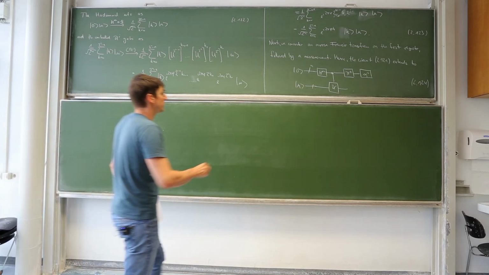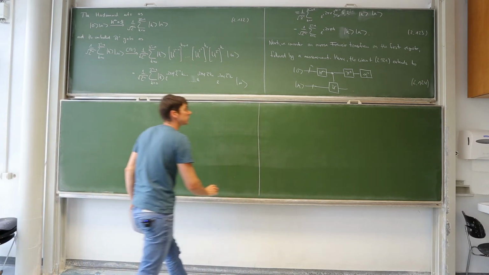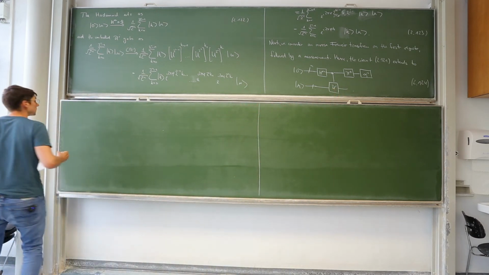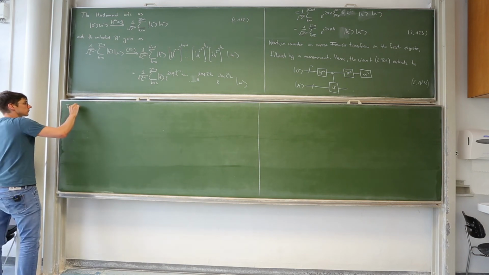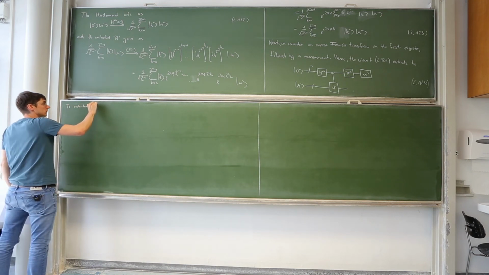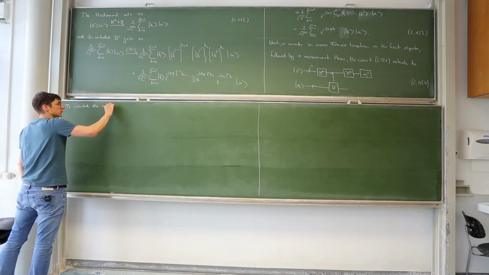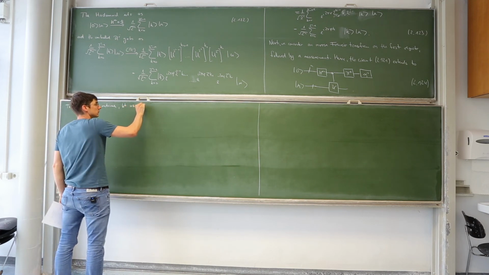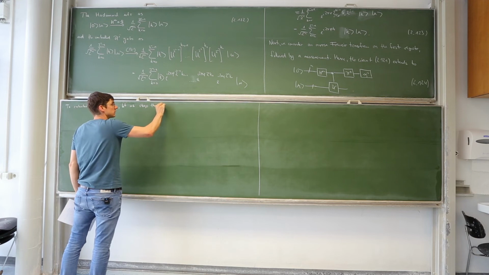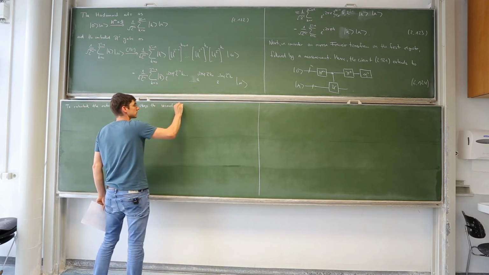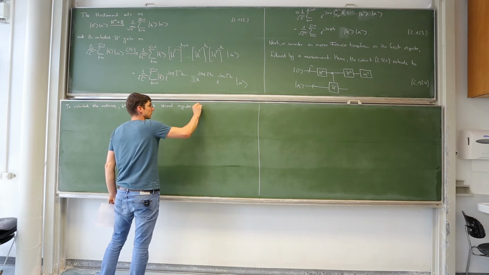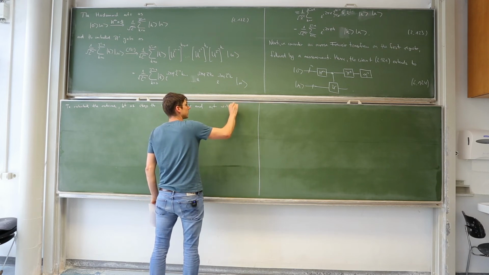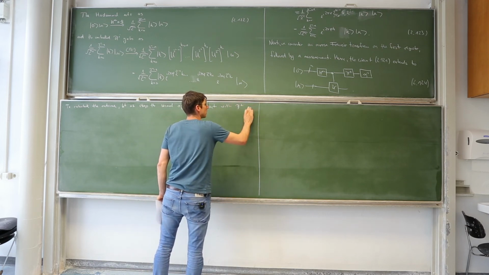So as I said, we can drop the second register because we're doing nothing there anymore. So to calculate the outcome, let us drop the second register and act with the inverse Fourier transform on the first register.